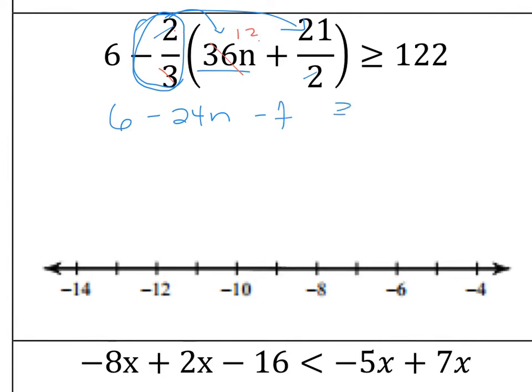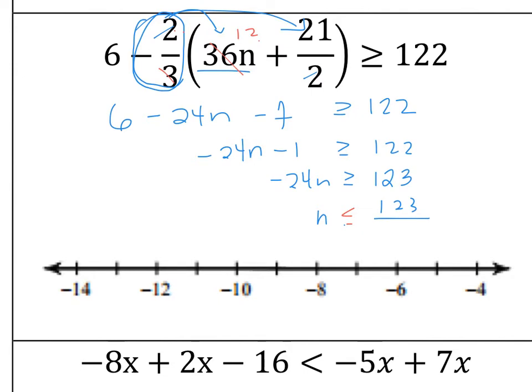And we can copy the right-hand side of the inequality, and we can further solve this inequality. So we have the next step, negative 24n minus 1. We have negative 24n, 123 on the other side, and then n, since you're dividing by a negative number, you need to reverse the inequality sign. 123 over negative 24.